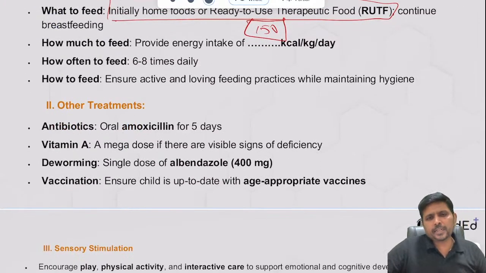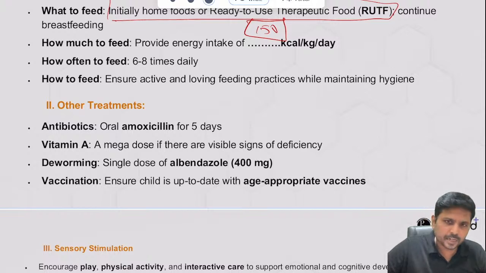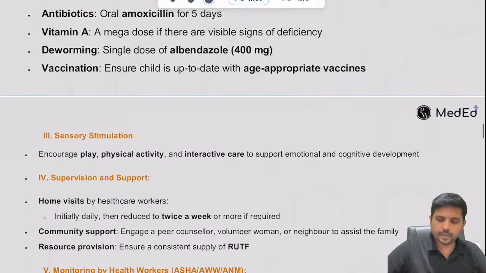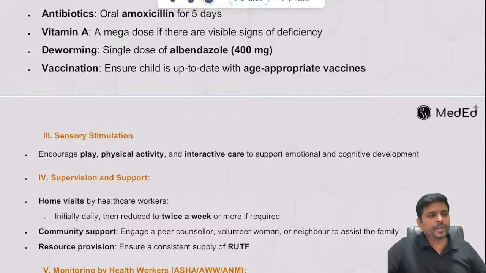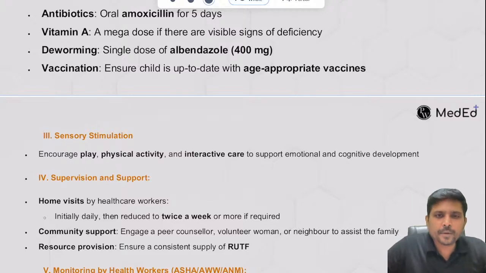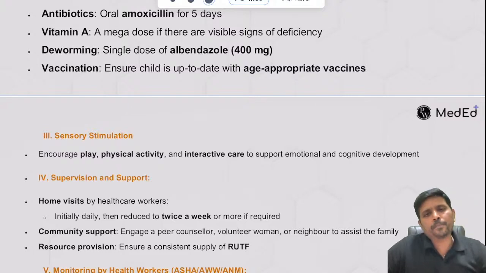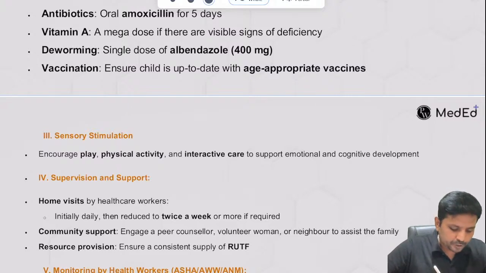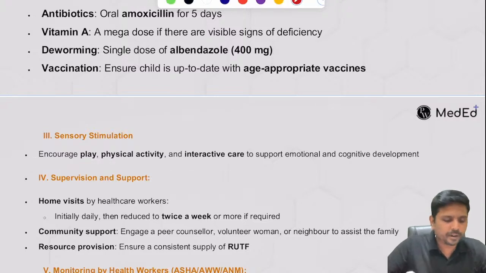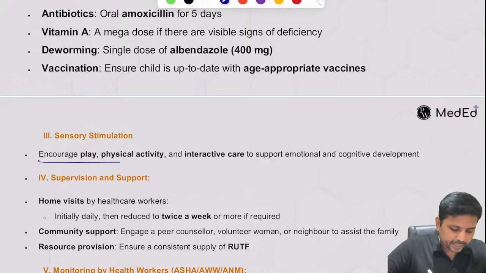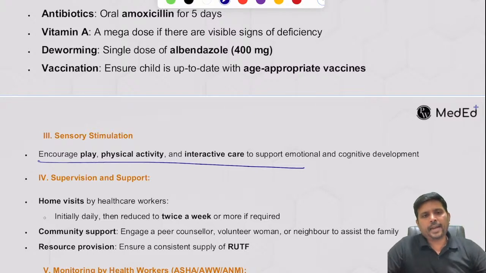Other treatments are a single dose of albendazole, amoxicillin for 5 days, vitamin A, as well as iron treatment if required. And what is this sensory stimulation? It doesn't mean that you can treat your severe acute malnutrition children only with medicines. They also need tender loving care in the form of structured physical activity, structured playful activity.